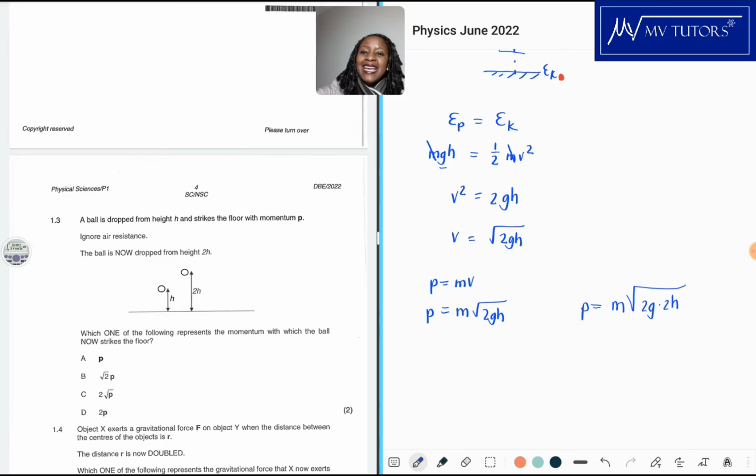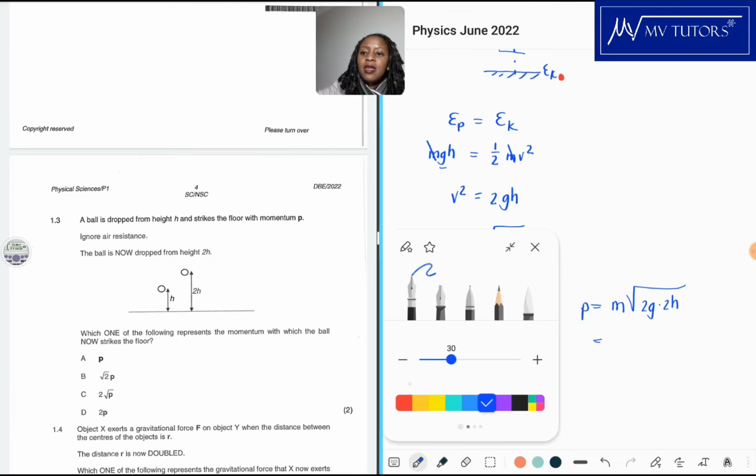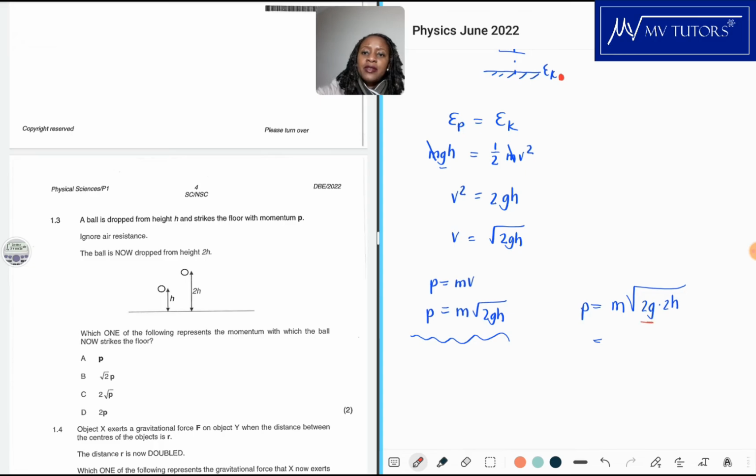All right, and then what I can then do, I would like to have something similar to the original so that I can see where the change occurred. Okay, so I will keep the 2 times gravity times the height together.